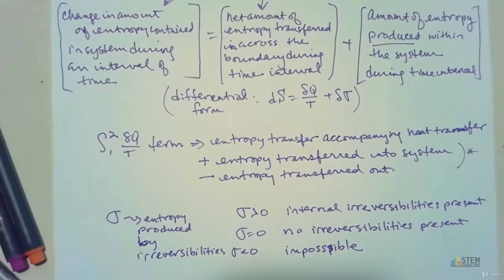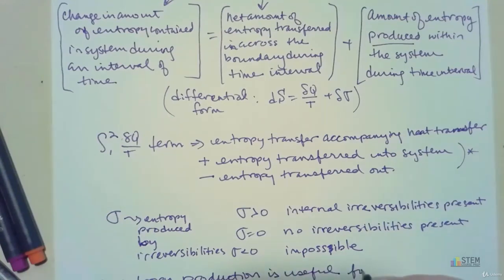Now, what we're going to look at here is the fact that entropy production is going to be useful then for telling us where irreversibilities occur in our system. All right, so let's write that down.